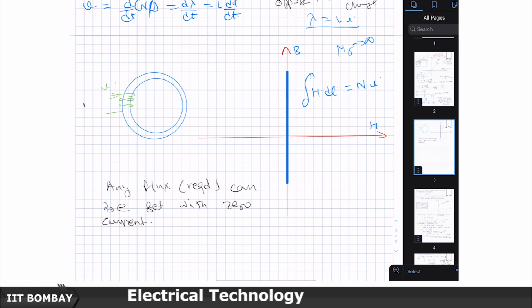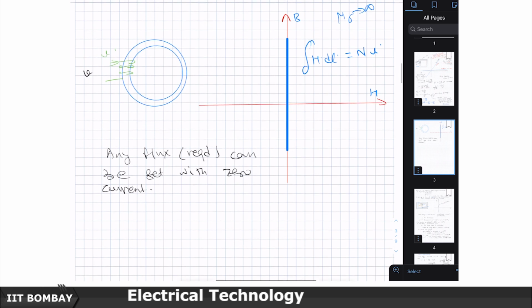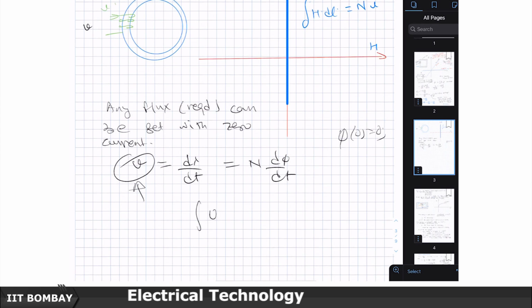So, for example, if V is the voltage applied, then V will become equal to d psi by dt, so n d phi by dt. Suppose I apply V as a sinusoid, with initial condition of zero flux. Then as I keep integrating V dt, I will get the value of phi of t, integrated from 0 to t.